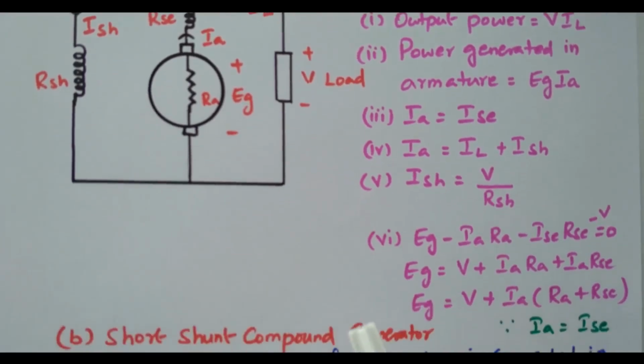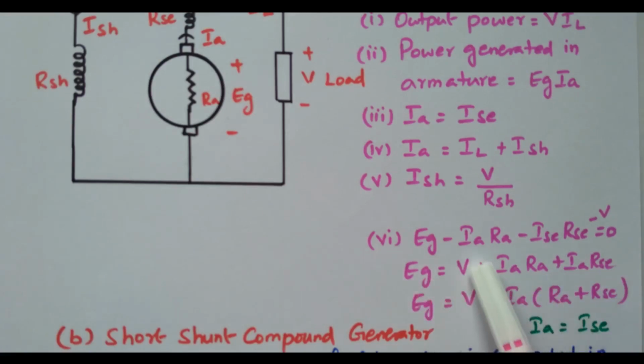Right. Now we'll see the voltage equation. EG minus IARA minus ISC RSC minus V equal to 0. Right. So this is the generated EMF. That is converted into the sum of the voltage dropped across armature resistance, the voltage drop across series field winding, and the voltage across the load terminal. Otherwise you can write it as EG equal to V plus IARA plus IARSC, right?